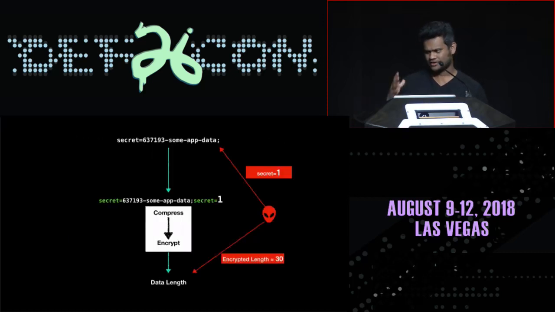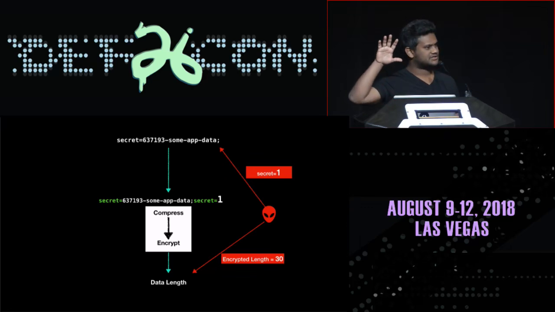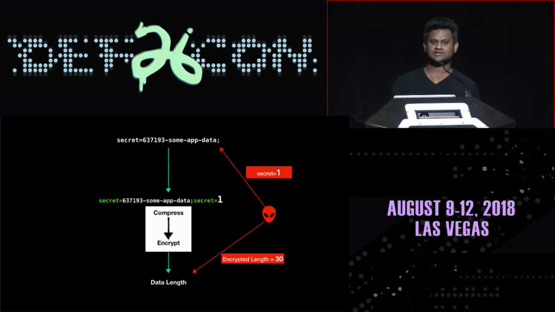So I've tried to put an infographic of how this would work with actual secret data. Imagine you have a set of plain text data at the very top, which is what the application is trying to encrypt. So this could be a browser or any email client, things like that. Now, assume that the attacker can also inject some data to the end of that.